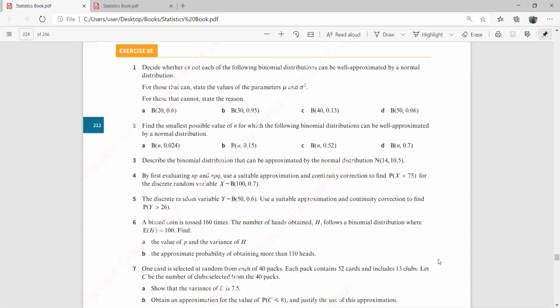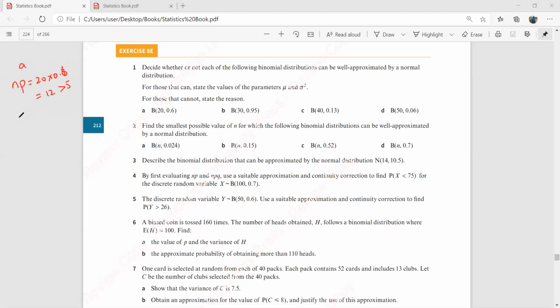It says, decide whether or not each of the following binomial distributions can be well approximated by a normal distribution. So here you see your first part. You have n = 20 and p = 0.6 in part A. If you find np, that is 20 times 0.6, this is going to give you 12, which is more than 5.